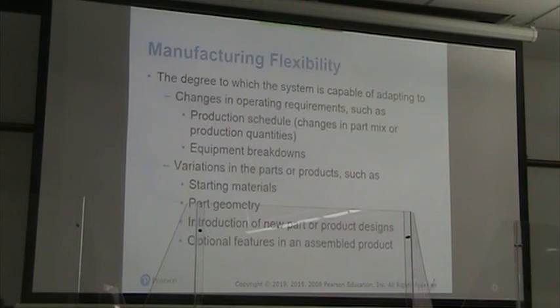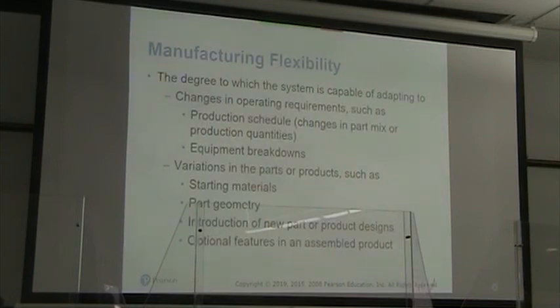Our manufacturing flexibility is the degree to which our system can adapt to changes in operating requirements, which might be the production schedule, either a change in the part mix or the production quantities, or equipment breakdowns.